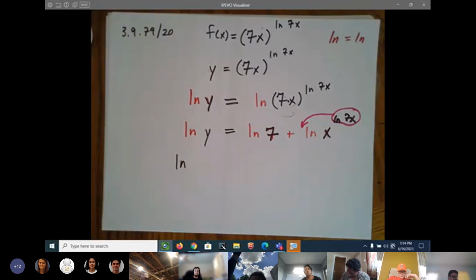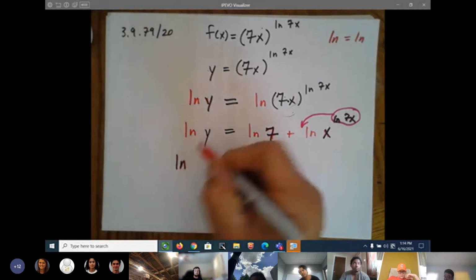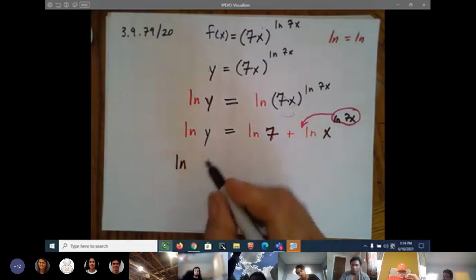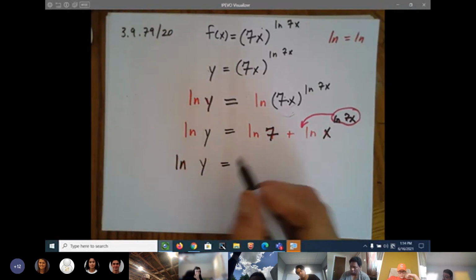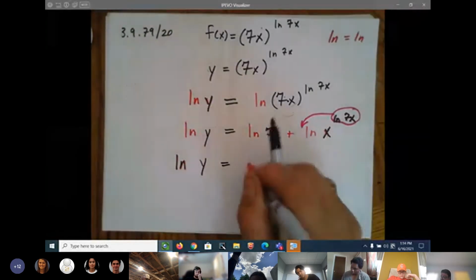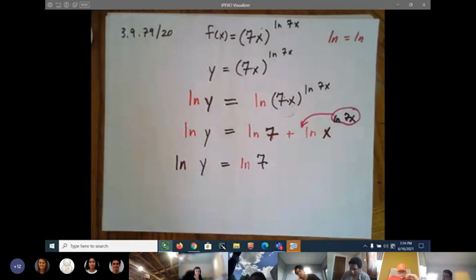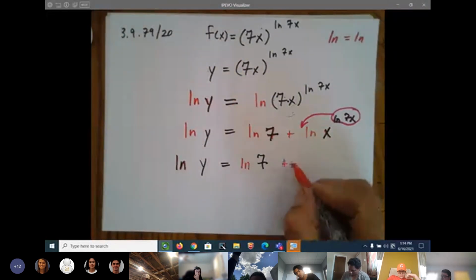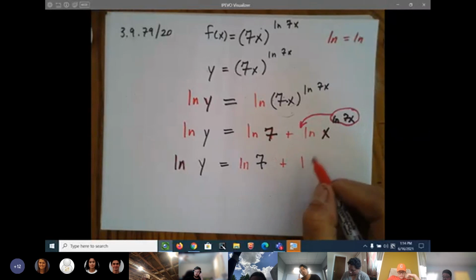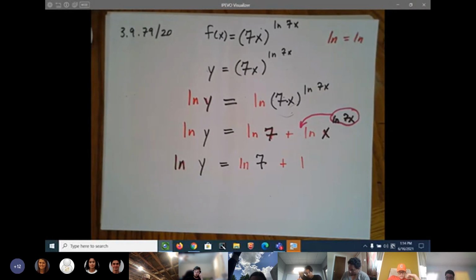Oh, I done mixed up my pens. Hold on a second. Natural log of y equals the natural log of 7 plus natural log, well, that would be a different color.